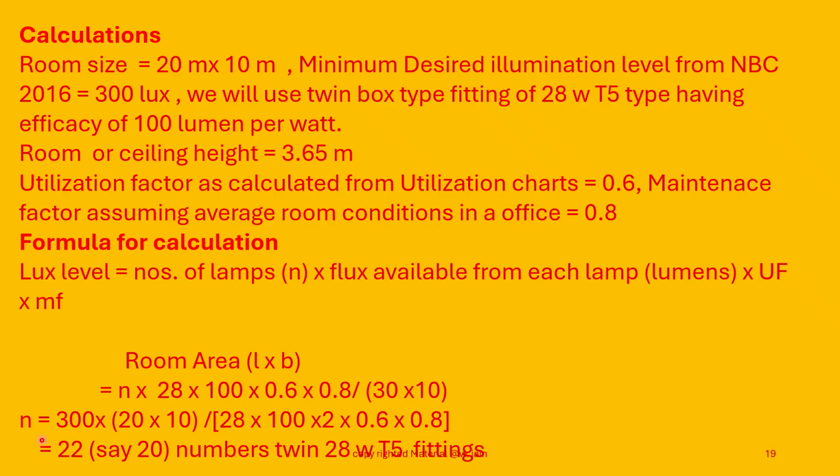From this we calculate the number of fittings, which is equal to 300 multiplied by 20 multiplied by 10 divided by 28 multiplied by 100 multiplied by 2 multiplied by 0.6 and multiplied by 0.8. This is the utilization factor, this is the maintenance factor, this is the wattage of the lamp and this is the efficacy.